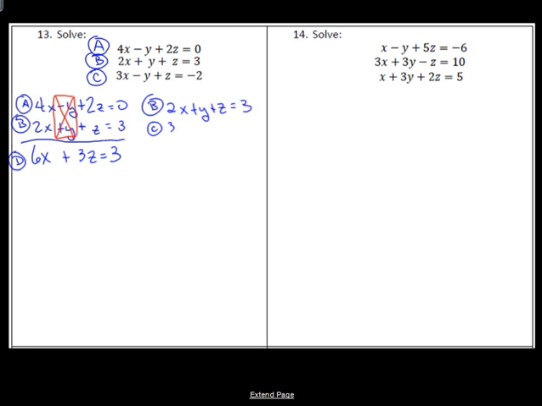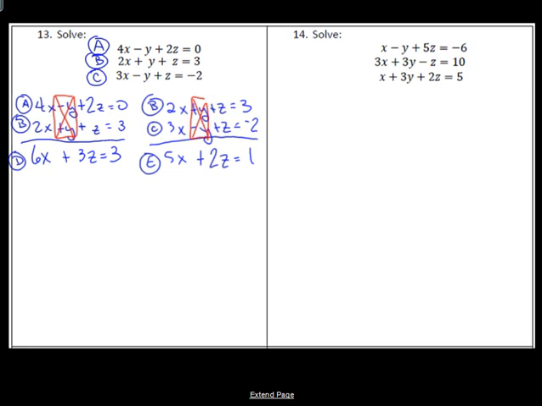Here I have 3x minus y plus z is equal to negative 2. I go and add these together, and in doing so, my y variable has been eliminated. I now have 5x plus 2z is equal to 1, and this gives me equation E.